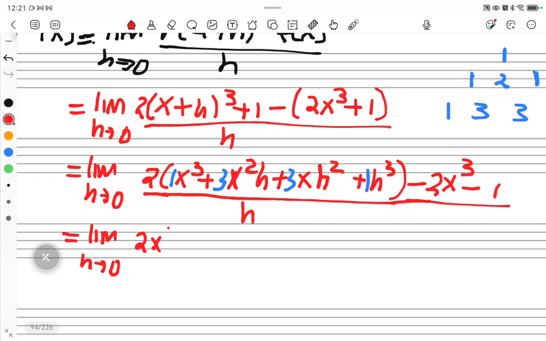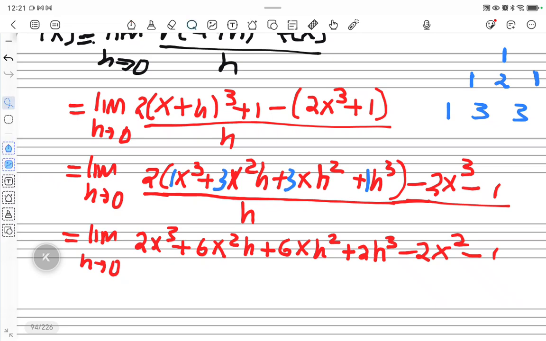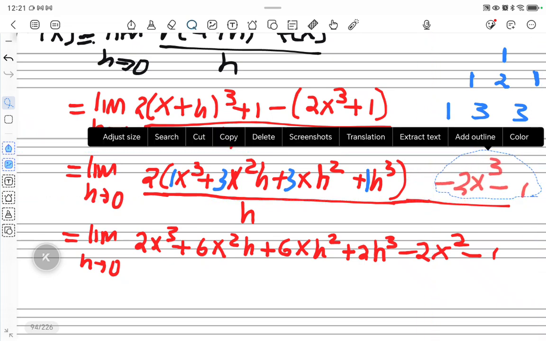And then this is 2x to the third plus 6x squared h plus 6x h squared plus 2h to the third minus 2x squared minus 1. Did I forget that plus 1 somewhere here? Yeah, I think I forgot it. I forgot it somewhere. I can see it. I forgot that plus 1.